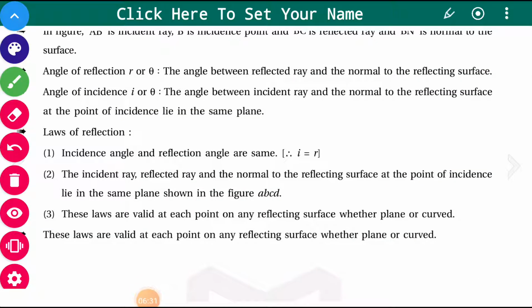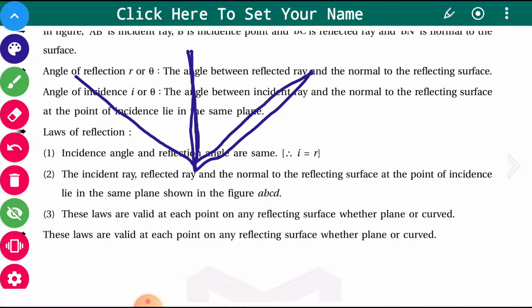Moreover, these laws are valid at each point on any reflecting surface, whether plane or curved. So these rules are applicable to any reflecting surface, whether it is a curved surface or a plane surface. So there are as such three rules.